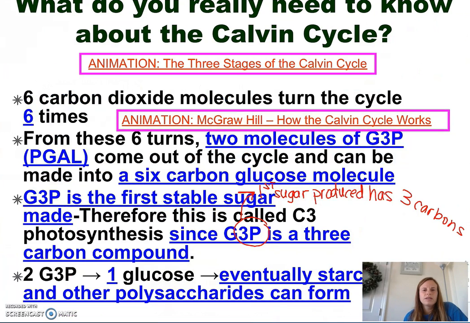Okay, so what do you really need to know about the Calvin cycle? That 6 carbon dioxide molecules turn the cycle 6 times. And from those 6 spins, or those 6 turns, I get 2 molecules of G3P, of PGAL, which is our first sugar. Those 2 molecules of G3P then can be made into a 6-carbon glucose molecule.